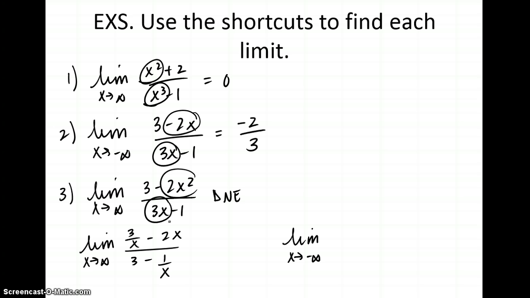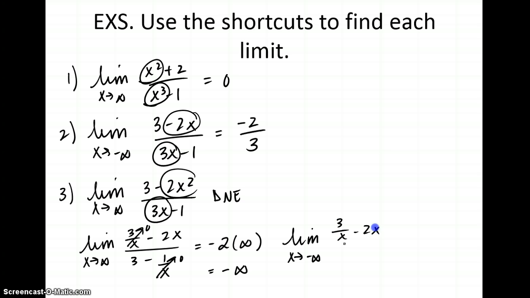Okay, so if I divided every term by x, these approach 0. As I'm approaching positive infinity, the behavior of the function will decrease without boundary.